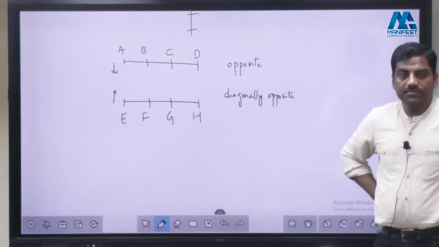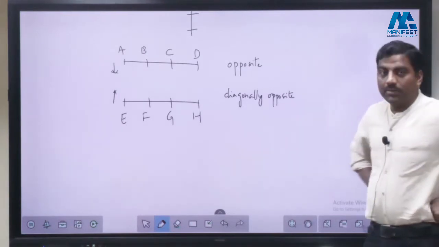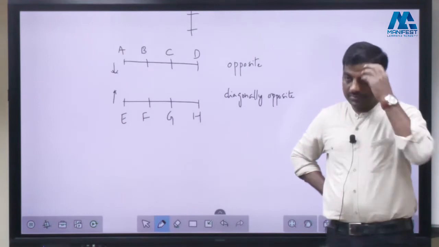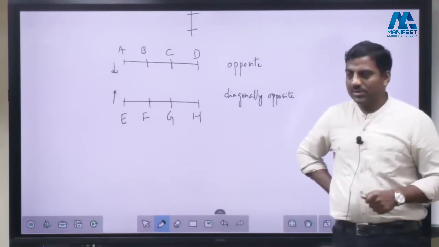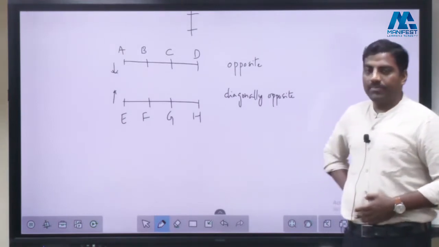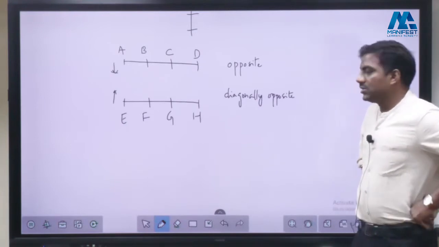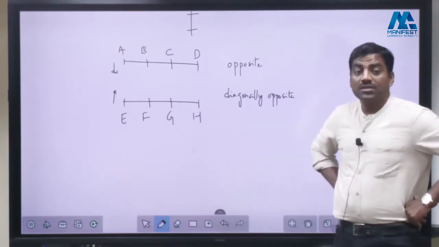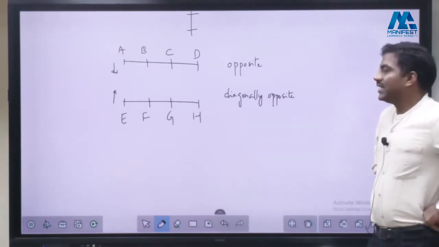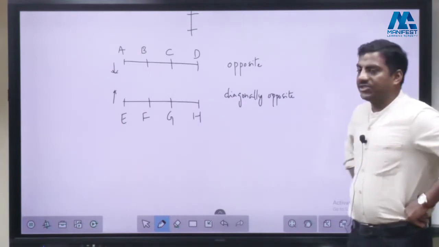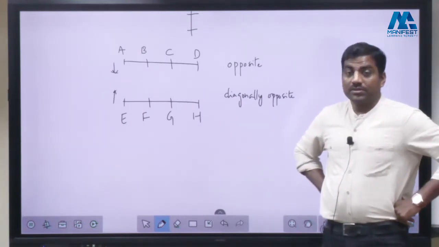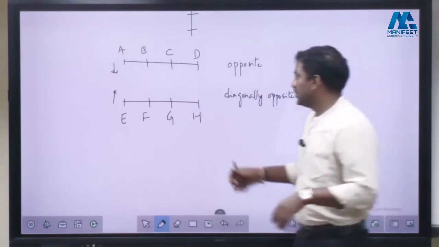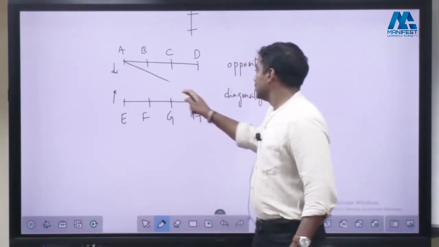Who is sitting opposite of C? G. Who is sitting opposite of A? Who is sitting opposite of H? Who is sitting diagonally opposite of H? Diagonally opposite. So you take the extremes.